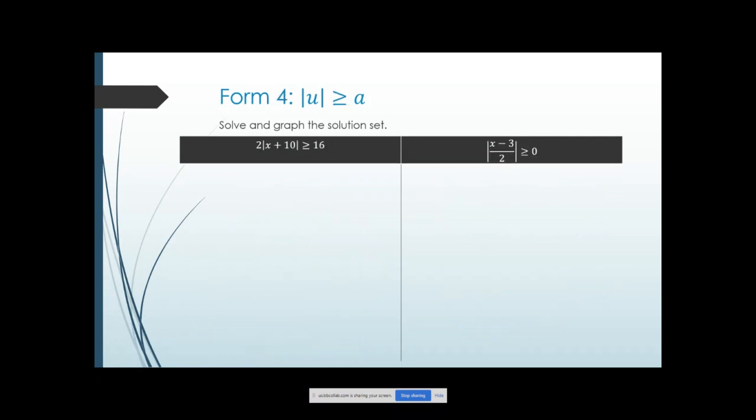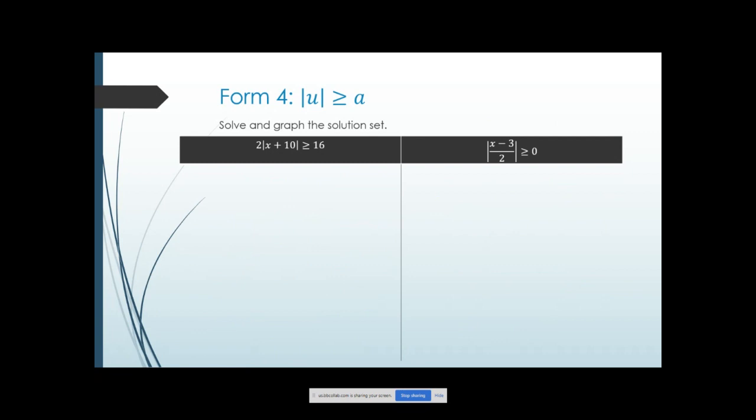Okay, now the last form is where we have an absolute value greater than or equal to a number. So now the first one here, I've got 2 times the absolute value of x plus 10 greater than or equal to 6. So 2 times an absolute value. You are not allowed to multiply through absolute values.